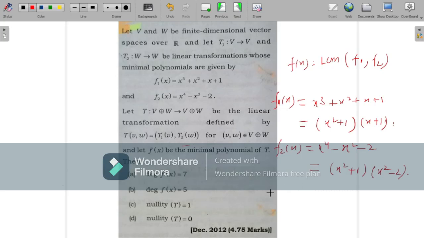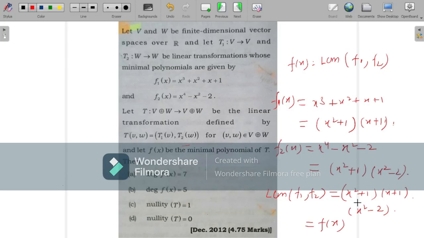So the LCM of f1 and f2 is equal to x square plus 1 into x plus 1 into x square minus 2. This is equal to the minimal polynomial of the linear transformation T.